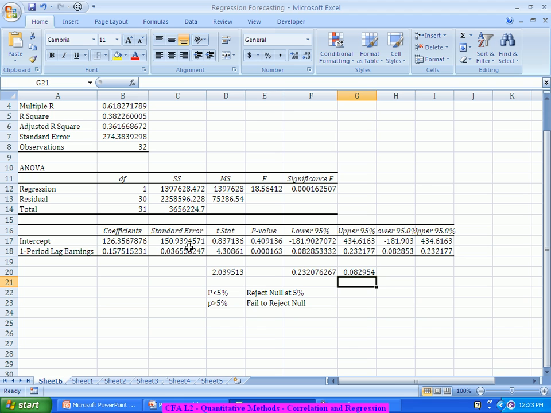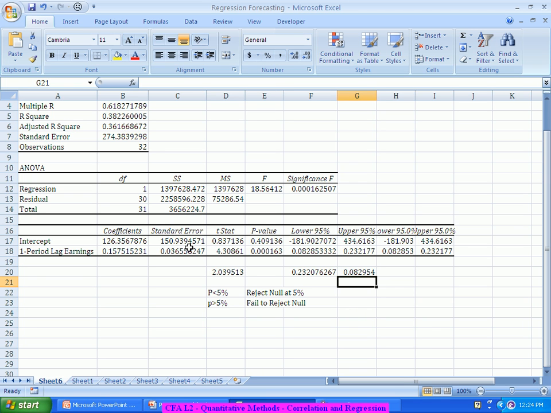So what this is saying is that for 95% of the samples which I take, the coefficient will lie between 0.08 and 0.23, which means it will not be 0 because there is no sign change.